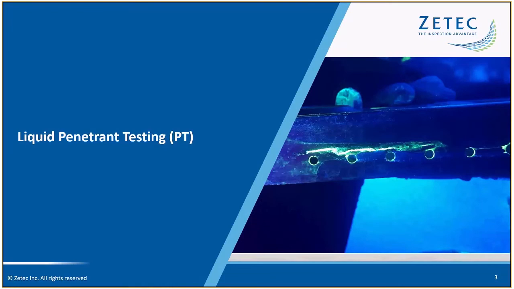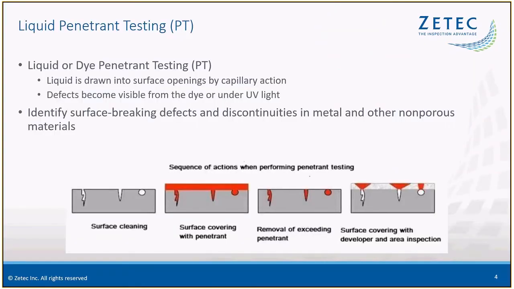Liquid penetrant testing, also called PT, is a process where you draw the liquid into the surface, using capillary action to highlight indications or defects. The penetrant is either visible in normal sight, or you can use a UV light to fluoresce that penetrant liquid and show those indications.